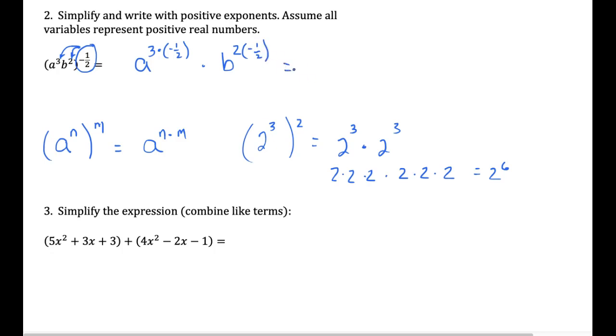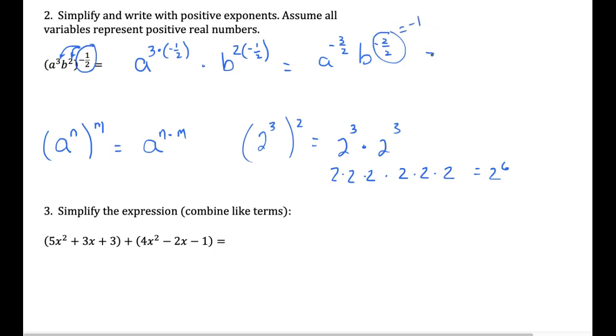Okay, so this again is just a fraction problem. So I get a to the negative 3/2 and b to the negative 2/2, which is just negative 1.